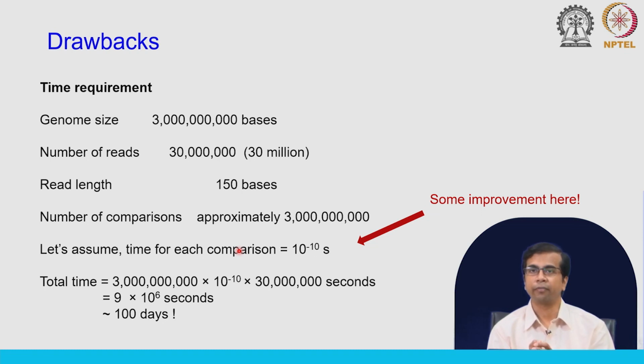We are doing that faster. So, the total time required will actually be less, but still it is quite high. It is about 100 days. So, it is still not acceptable. It takes about 3-4 months, that is not acceptable for us.